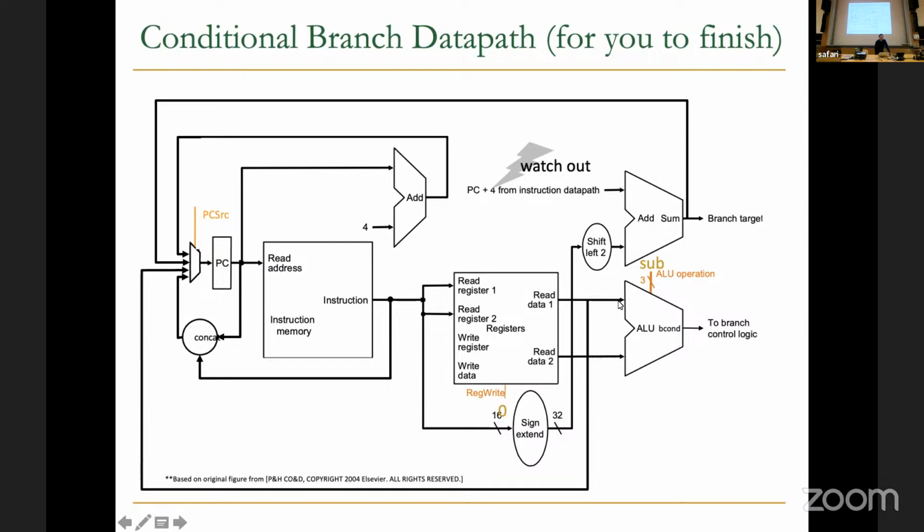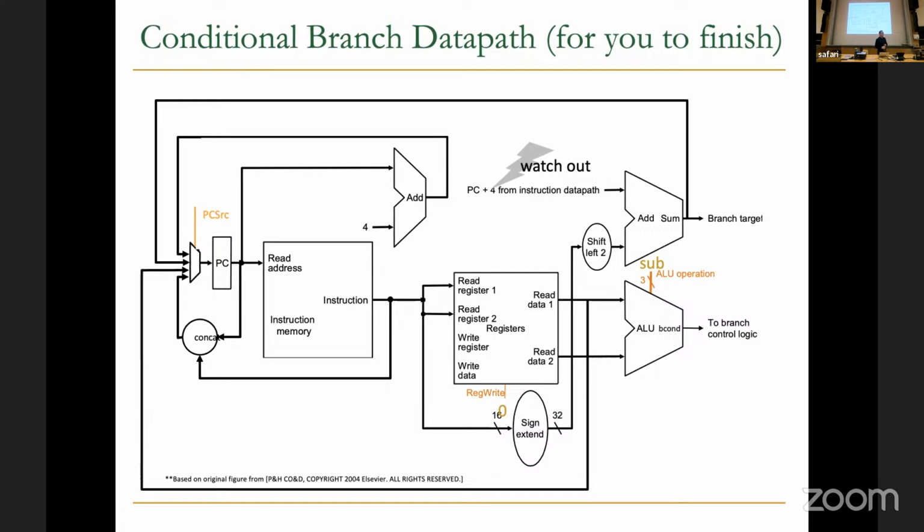So now we have a control signal that's a little bit different in the sense that just by decoding the instruction, we don't know how to set this control signal, right? Because the control signal is dependent on the processing in the data path because of the specification of the instruction. The instruction says if register source is equal to register T, then PC should be updated with this target address.